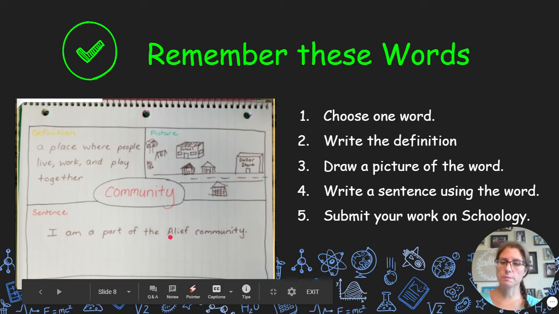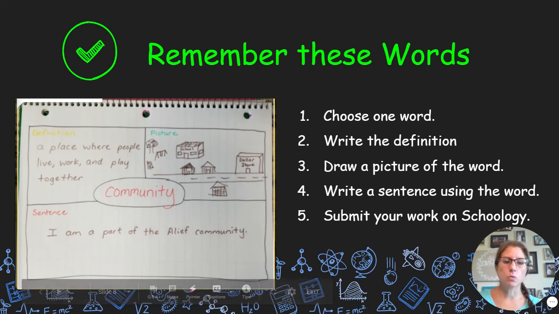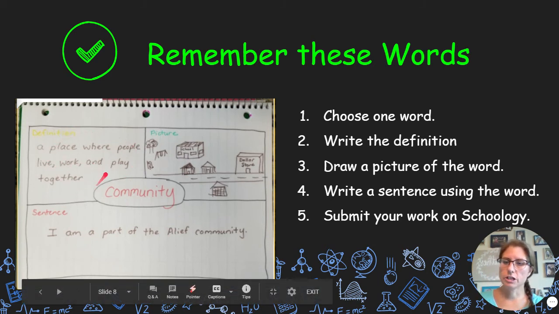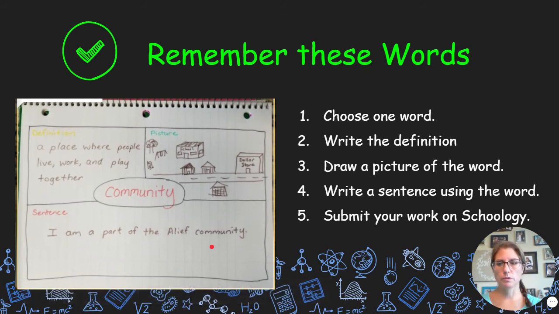I didn't worry about spelling anything correctly that wasn't already on the slide that I could look at. I just wrote the sounds I could hear and did my very best. You will too. So I've written the definition, I've drawn a picture of a community, and I wrote one sentence. You're going to do those 3 things too.